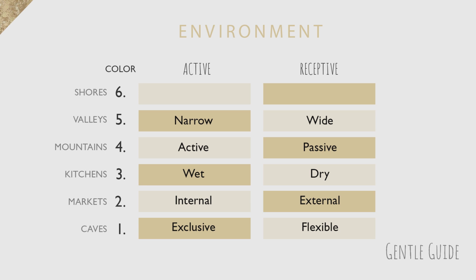For valley people, it's crucial to live somewhere where there is a lot of things going on, where they can develop and fulfill their interests by possibly collaborating or getting all the help they need from people who enter their environment. Narrow and wide means being focused on a certain field, or just wide in terms of interests.